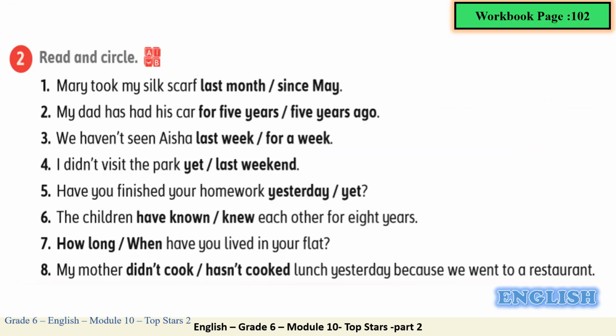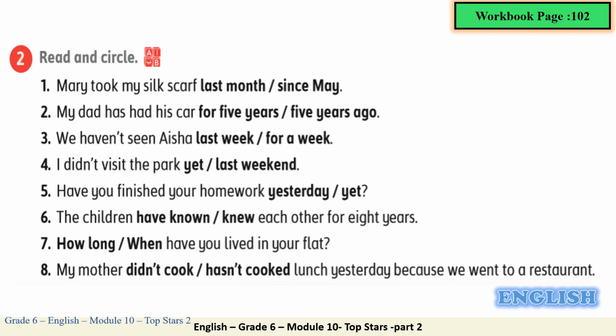Now, my dear students, let's move to workbook page 102. Read and circle. Here, we should choose the correct time expression and the correct verb form sometimes. For example, number 1, Mary took my silk scarf last month or since May.